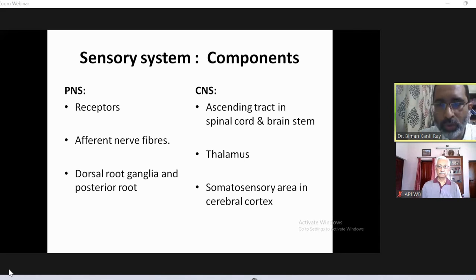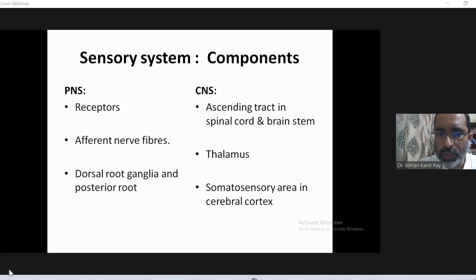I have already told you, not only the cerebellum, the other important component to maintain our balance is the sensory system. And in the sensory system, the most important part is proprioception, that is the sensation of joints and position sense. In the peripheral nervous system, the important anatomical components which convey this information are receptor, afferent nerve fibers, dorsal root ganglion, and dorsal root.